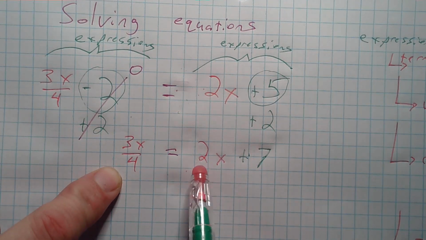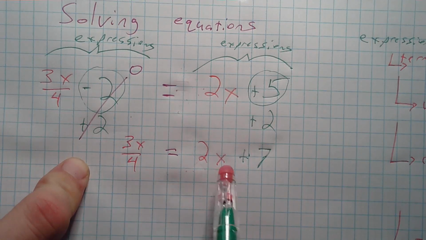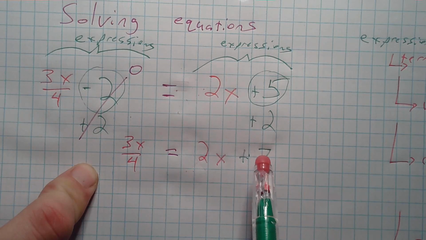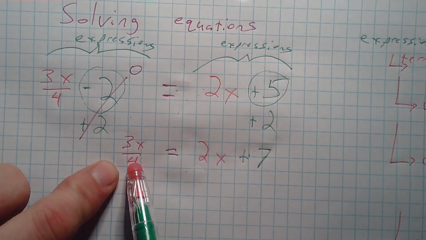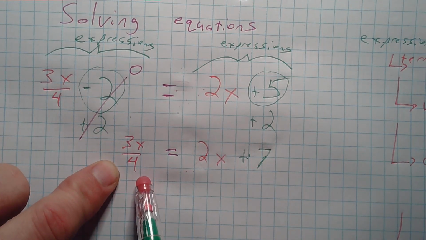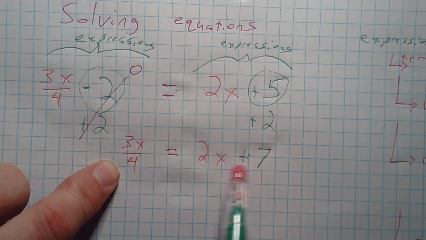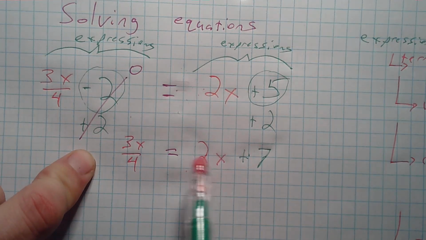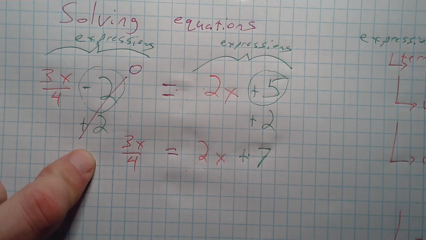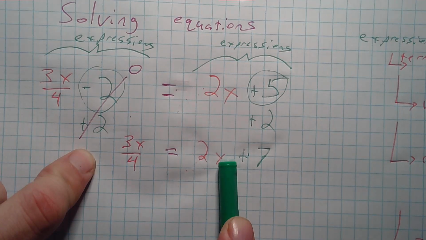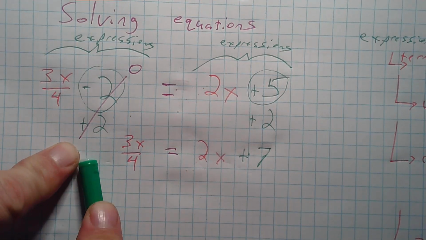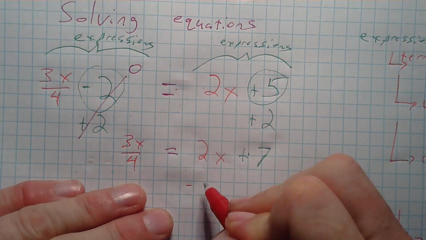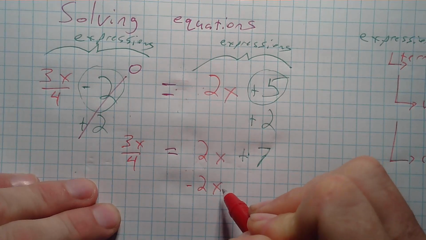In order to get the 2x over to here, and get the variable term all by itself and the constant term all by itself, I need to get the 2x off of this side and over to this side. So to get the 7 all by itself on this side, and the x all by itself on this side, I'm going to subtract 2x from this side, right?